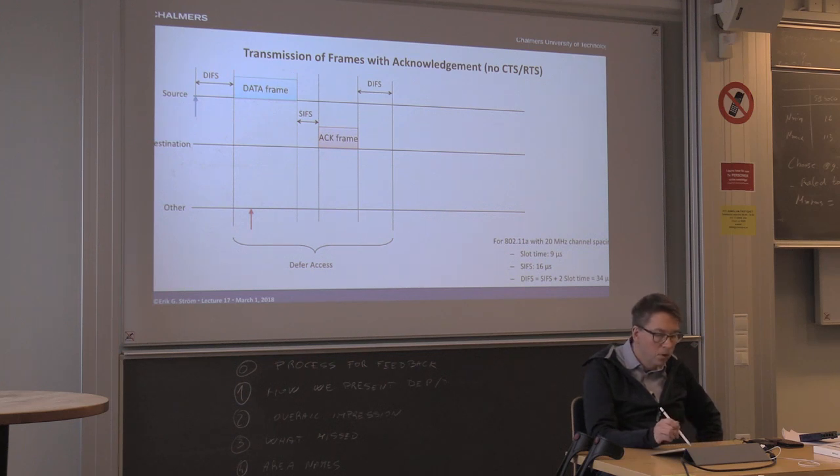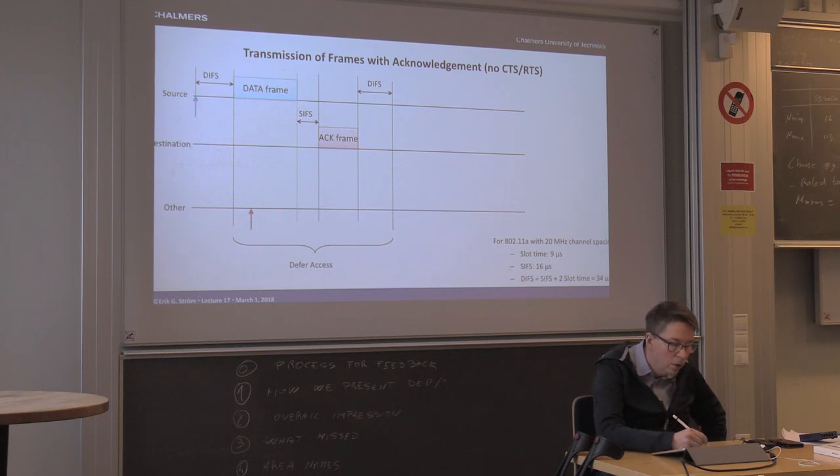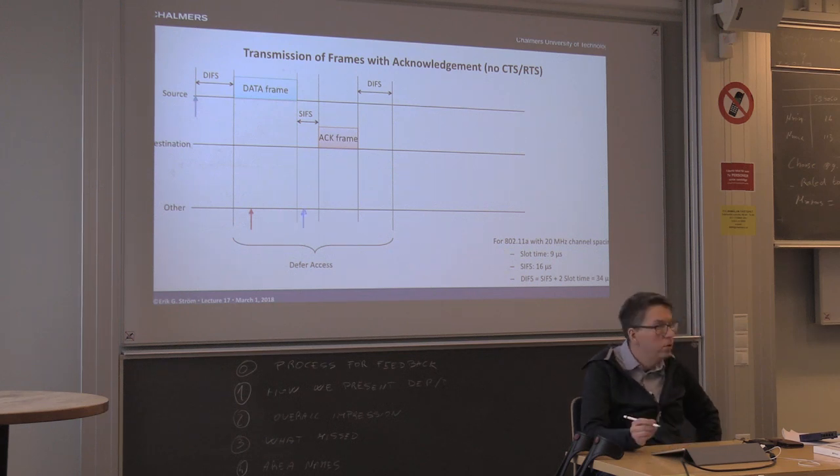Because if a node came in and wanted to transmit at this point, it would see that the channel is idle, but it would not be idle for an entire DIFS, because the idle period here is only a SIFS long, which is shorter than the DIFS.